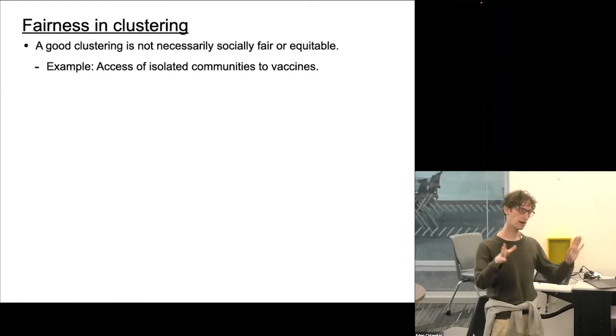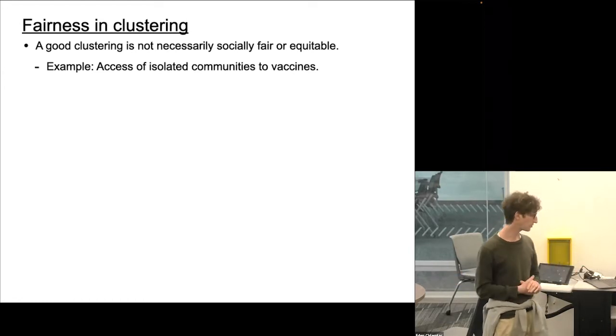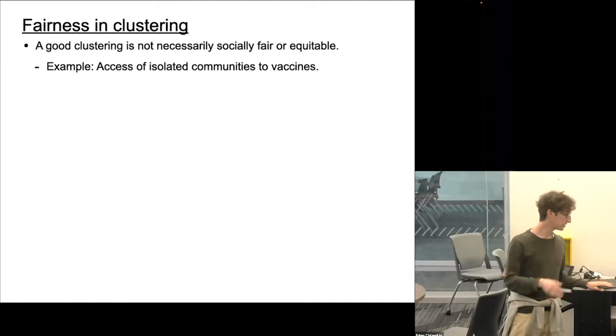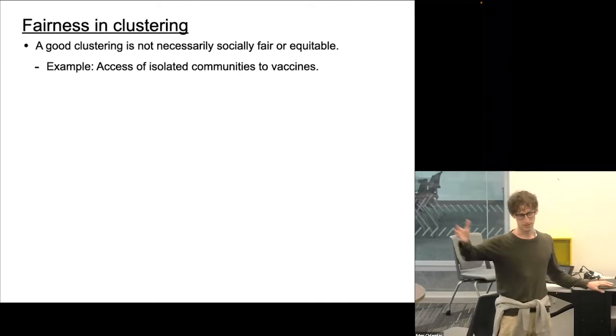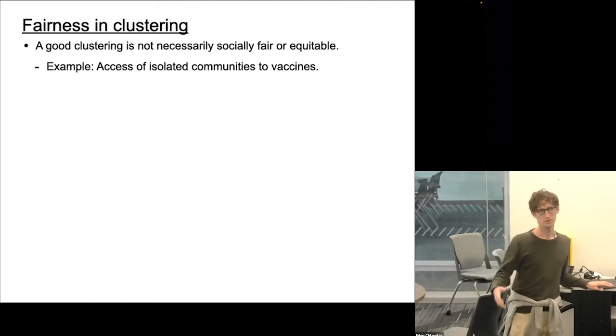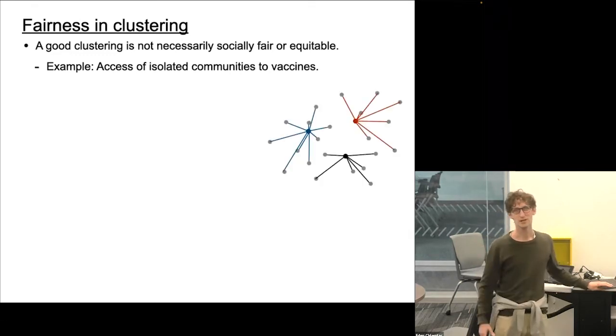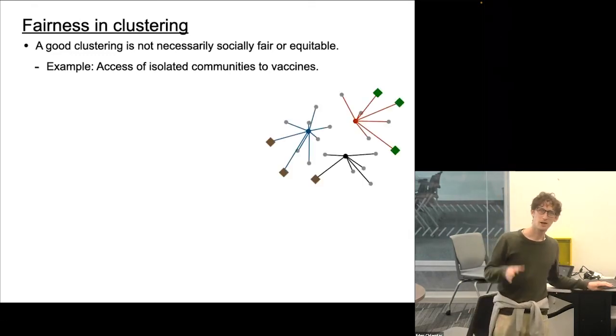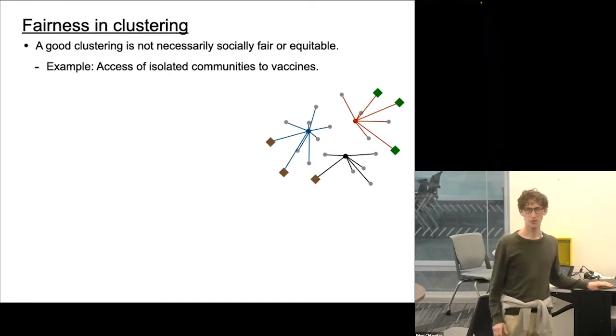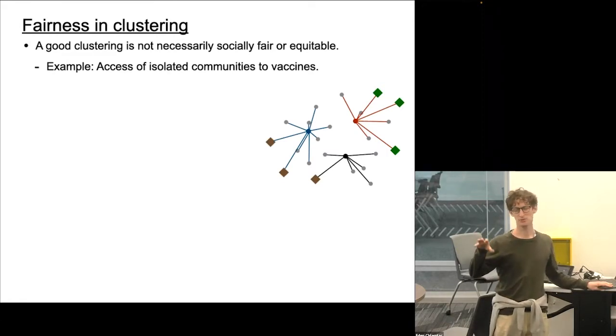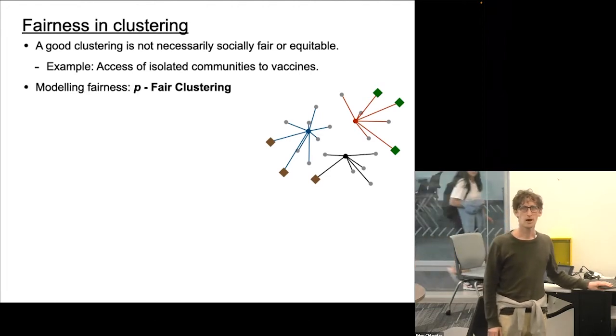Maybe the average person is very happy and has a nearby place they can get a vaccine. But if some people are left out in the cold, then it's maybe a globally good clustering, but not very fair to isolated people. So here's a more abstract example, with a group of green diamonds and a group of brown diamonds.